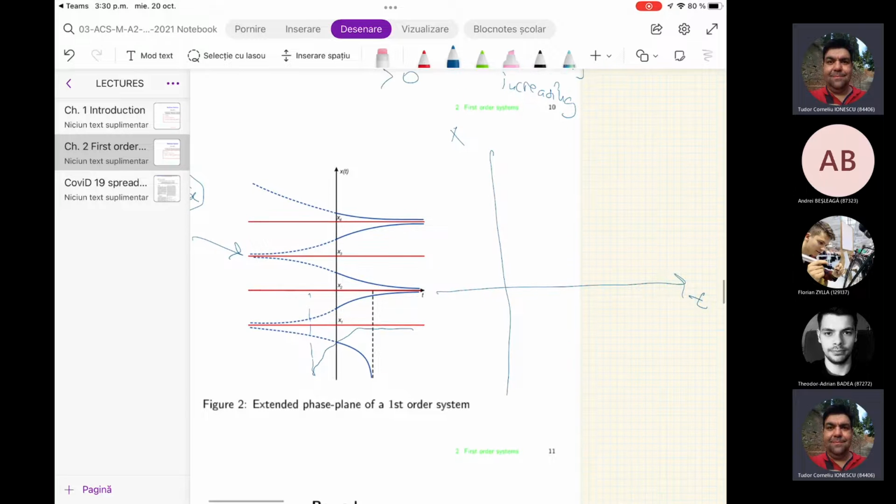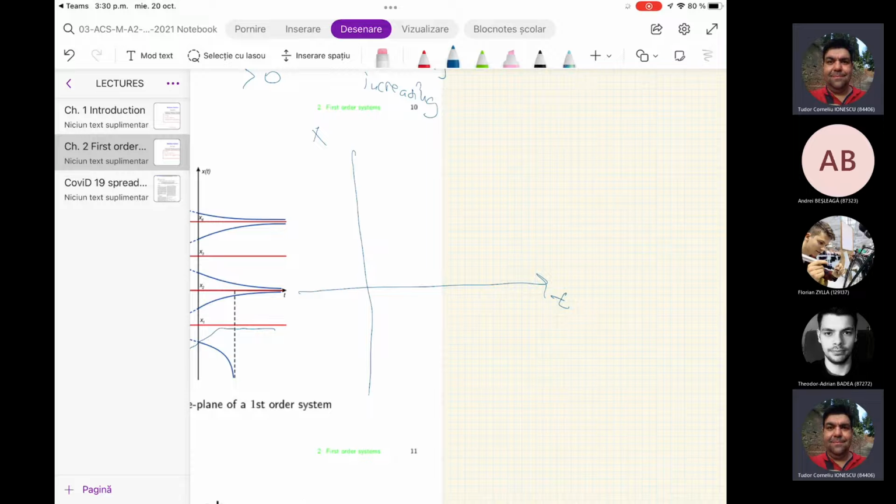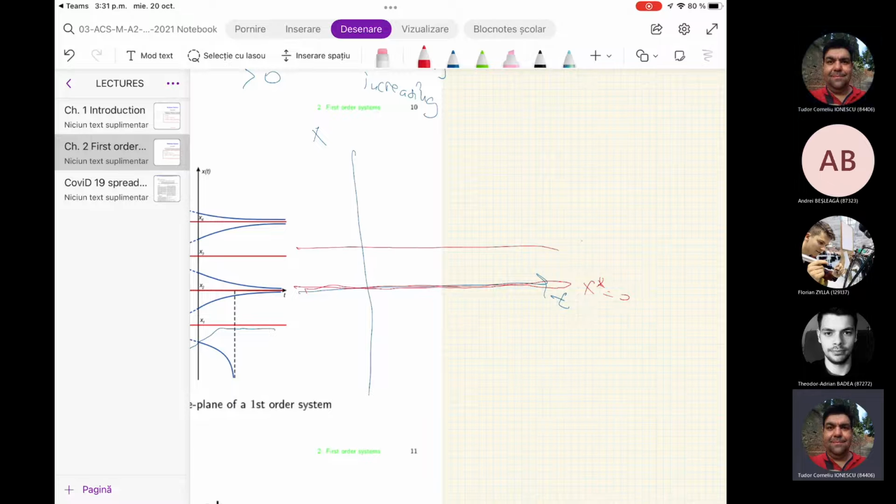For this guy, we had two equilibrium points. One was here, x star equal to 0, and one was here, x double star equal to 1. And we had the bands like this.